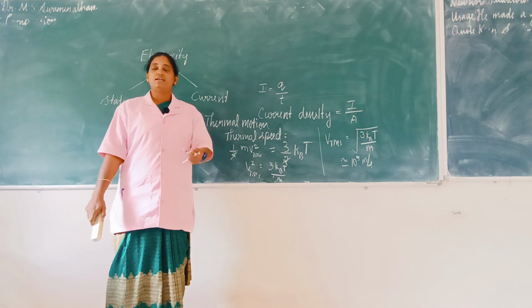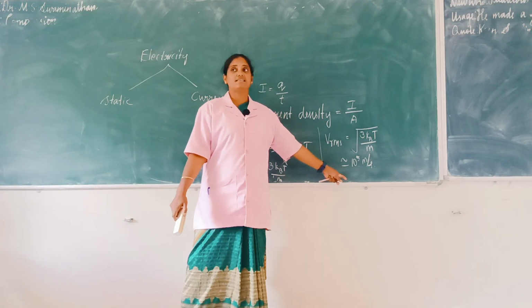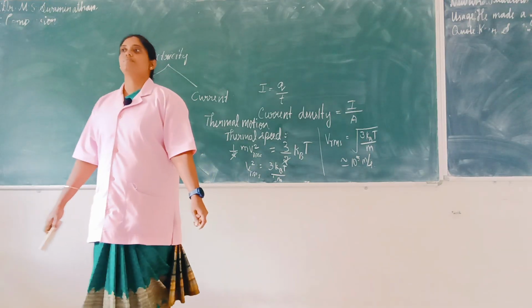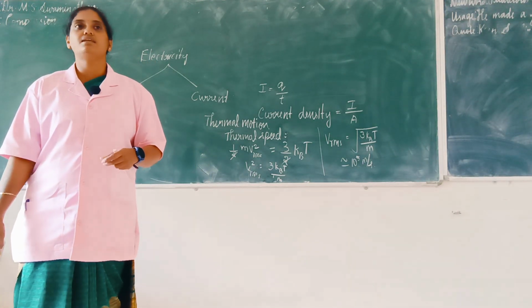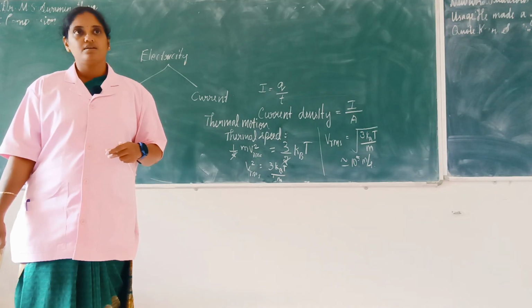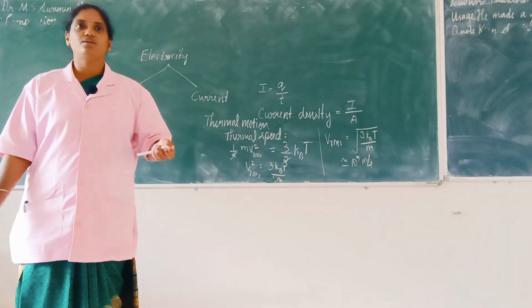If they are in random motion, velocity, this is speed. I'm asking about velocity. The average velocity of the electrons when the electric field is not applied is 0, because they have motion in all the directions, all the 360 degrees.